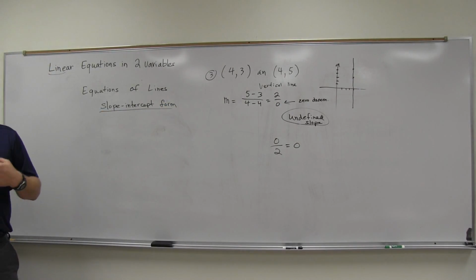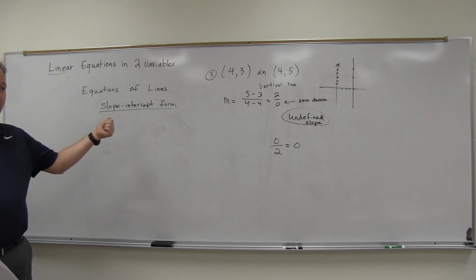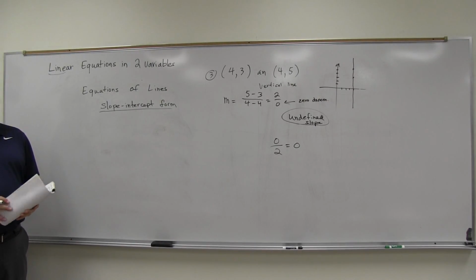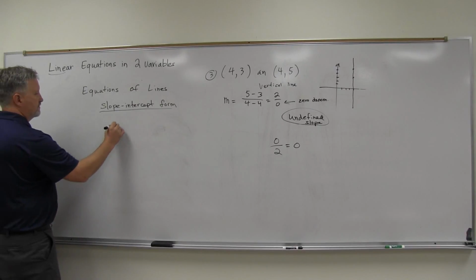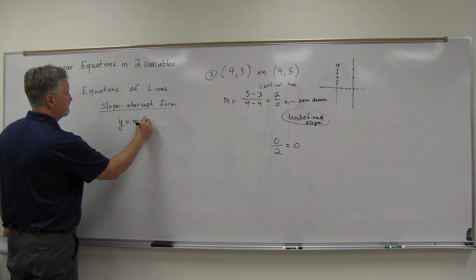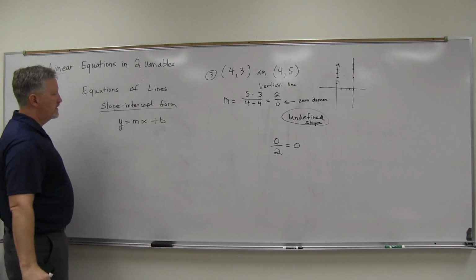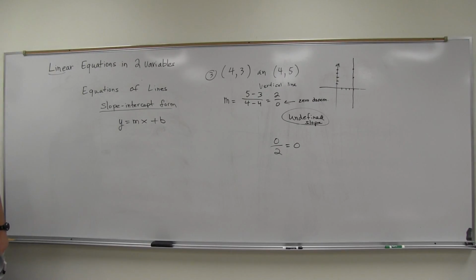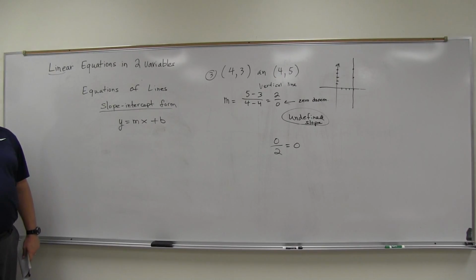Usually when we're trying to find the equation of a line, slope-intercept form is precisely what we're looking for. And slope-intercept form is y equals mx plus b. That's the slope-intercept form of the equation of a line.